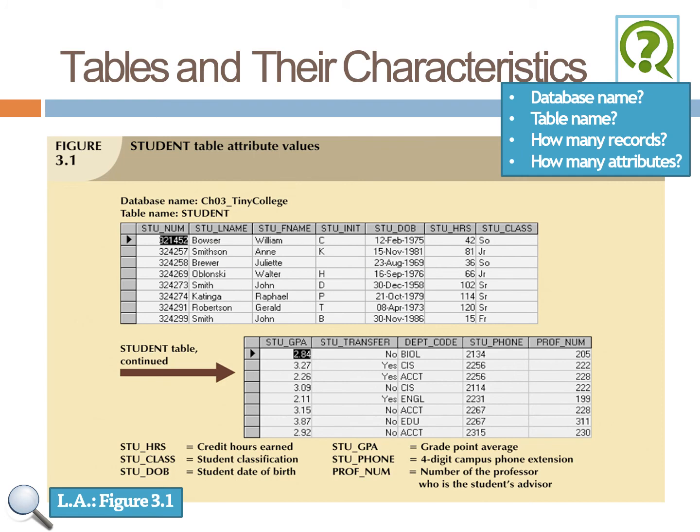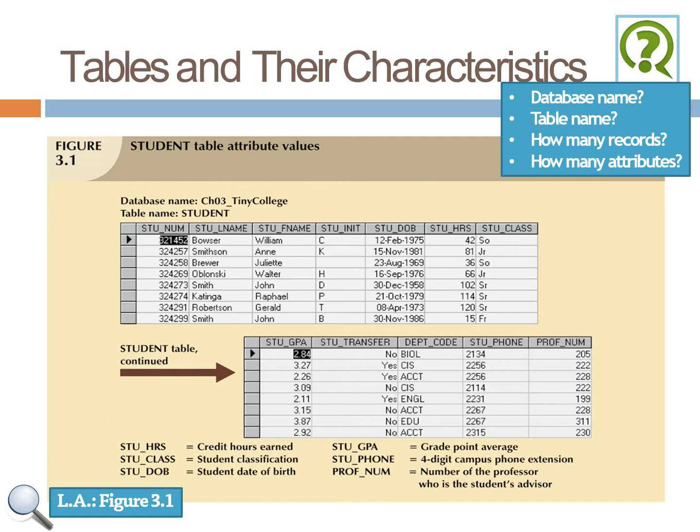If we look at this slide, okay, this slide is a complete slide that shows how we draw or represent a database. First of all, you write the database name. So there's a question there, what is the database name? So it is mentioned in the slide. CH03 Tiny College. Yeah, and then below the database name, or on top of the table itself, you write the table name.